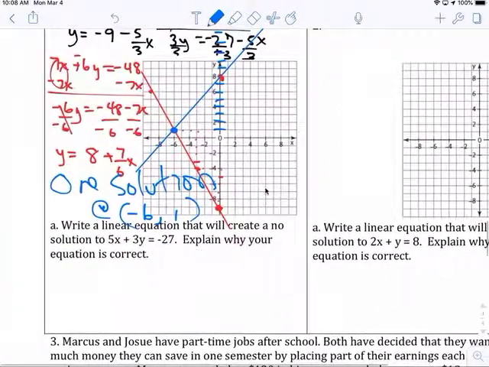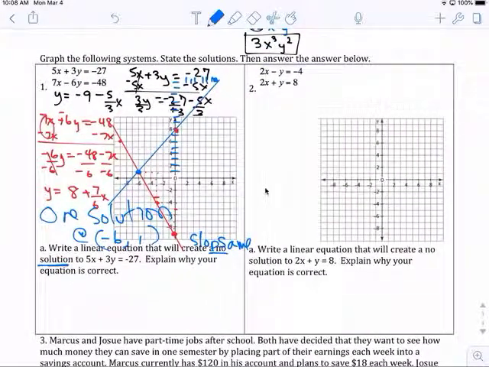Okay, and no solution. Remember, no solution when the slope is the same and the y-intercept is different. So whatever you write, okay, here's our equation, right? So no solution is y equals, then the slope's the same, negative 5 over 3x, negative 5 over 3x, minus 9.